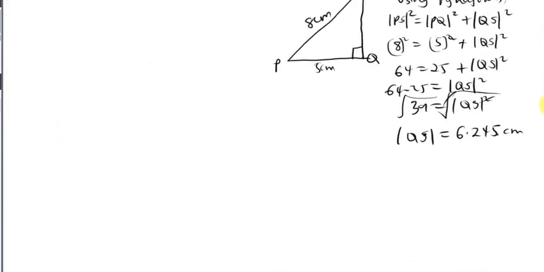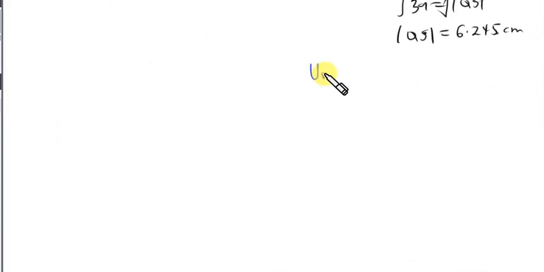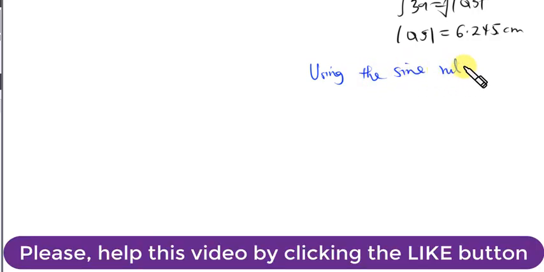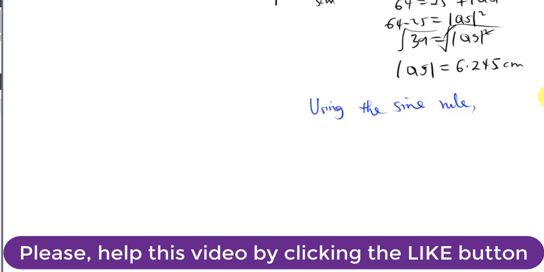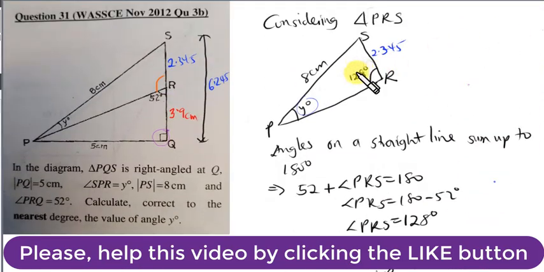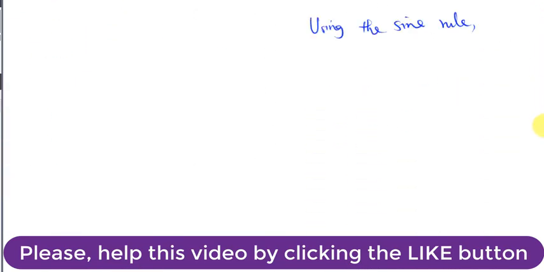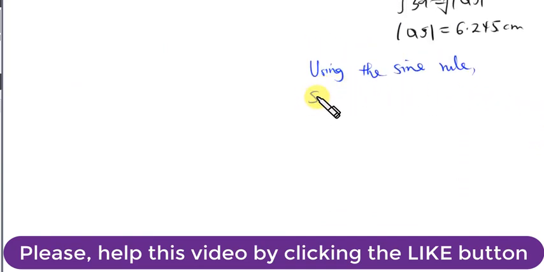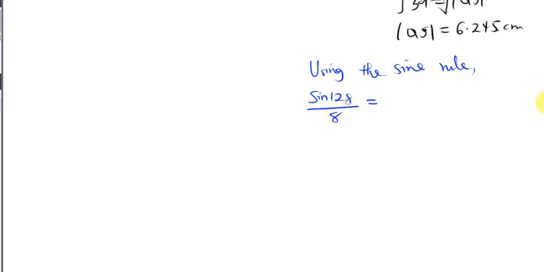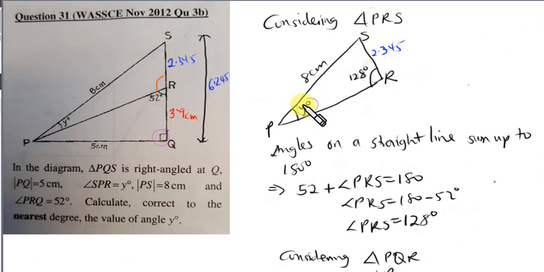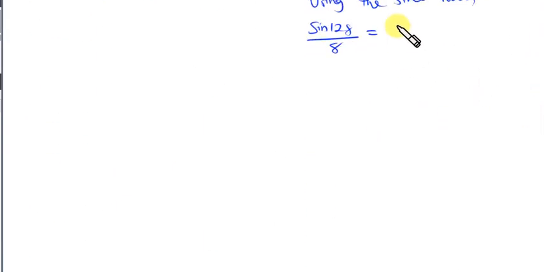So the last step we do here is that we say, using the sine rule, we take the sine of this angle and divide it by the length that faces it. So we say sine 128 divided by the length 8 should be equal to sine y divided by 2.345.